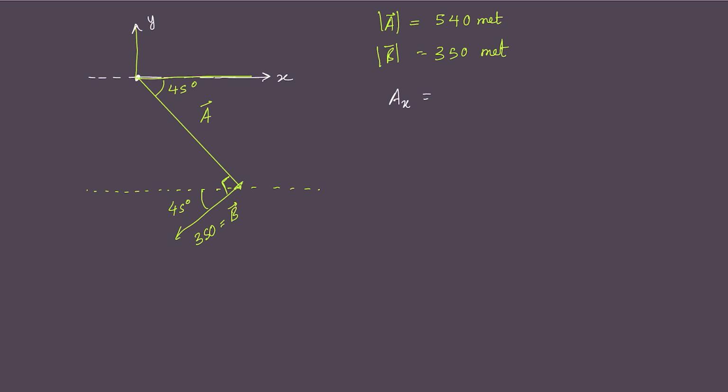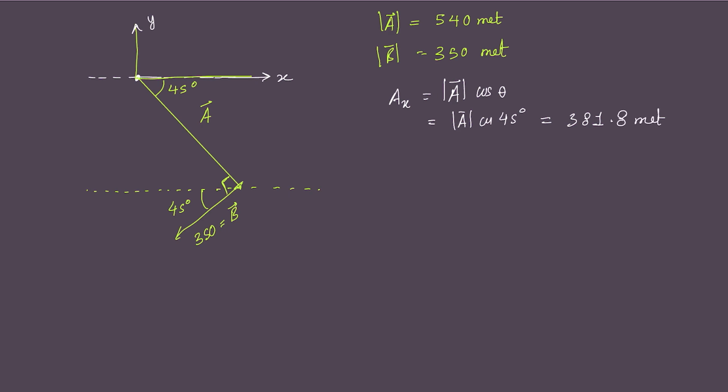Vector A's X component will be its magnitude times cosine of the angle that it makes with the x-axis, and that is 45 degrees. If you calculate this, you'll see that it is equal to 381.8 meters.